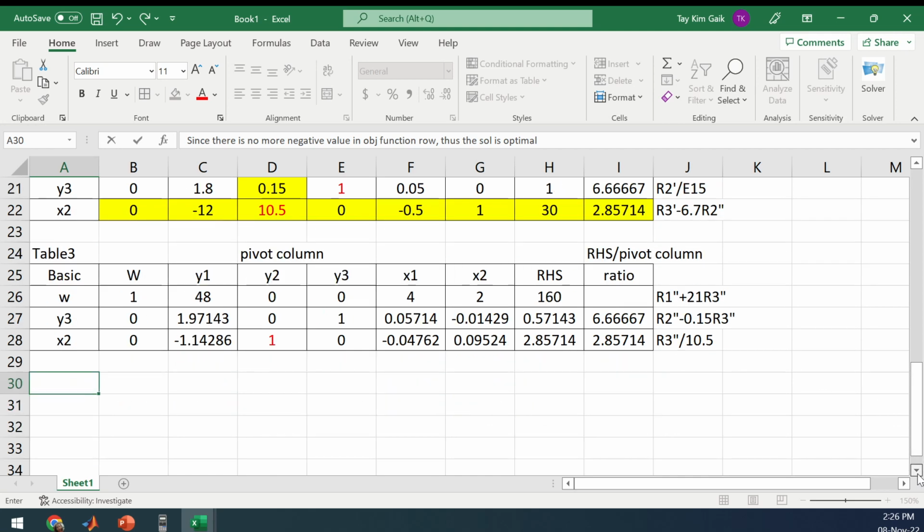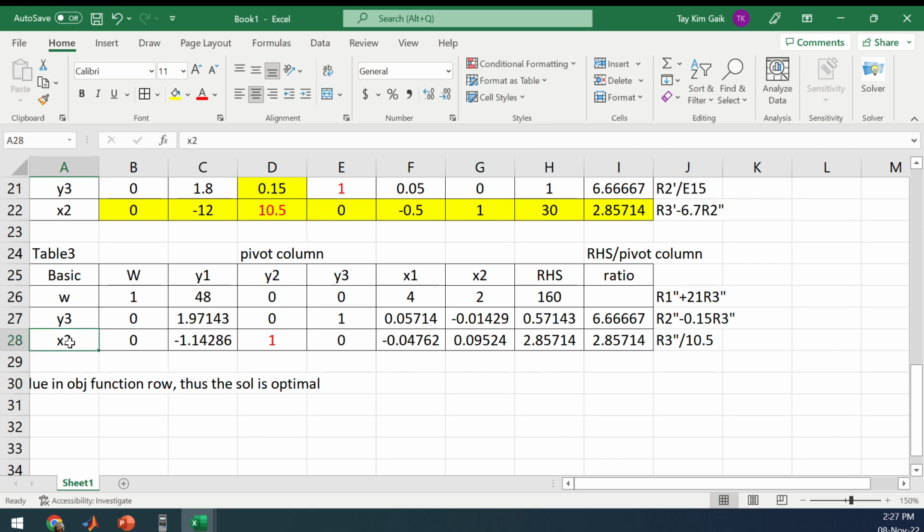And then just now you pivoted here, y2, so y2 becomes a basic variable. You can read the solution: basic variable equals the right hand side. And then x1 you can read the value from here, x1 equal to 4, x2 equal to 2.